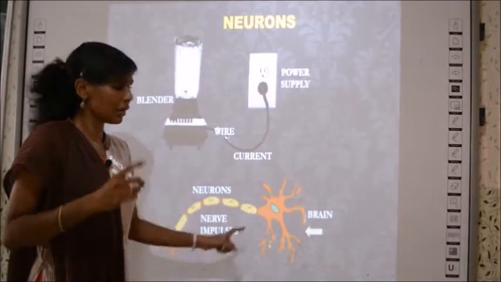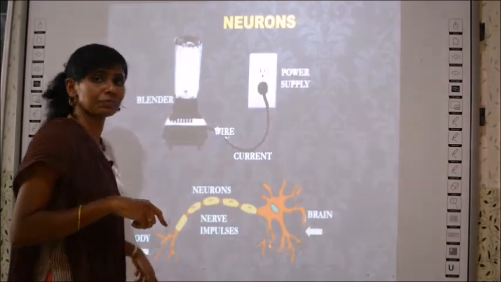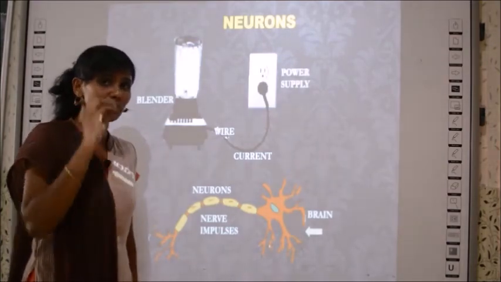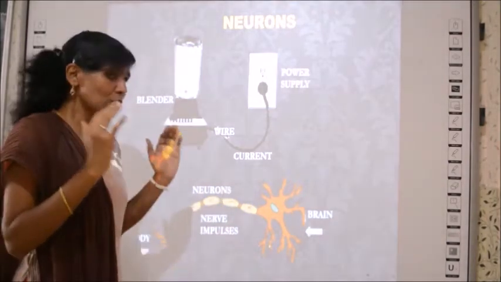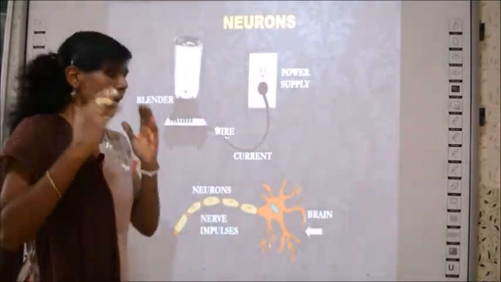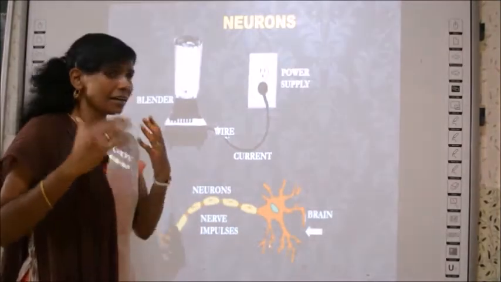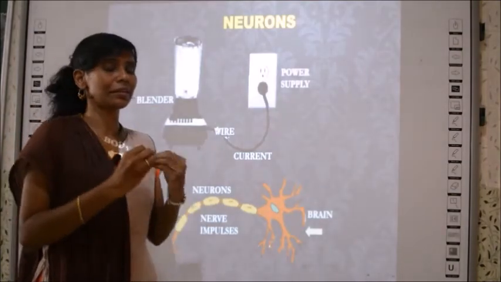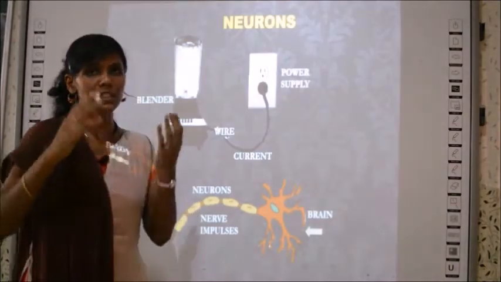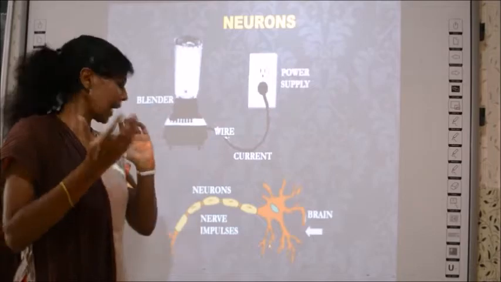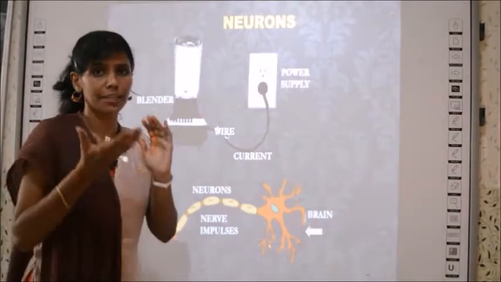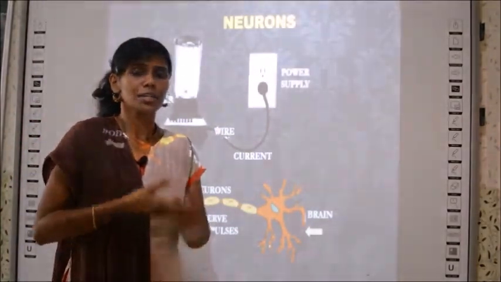From where to where? From the brain to the other body parts, because when your brain instructs, it will use the neuron like a wire, and the nerve impulses, the technical term, will pass through the neurons just like the current passes, and it will reach the body parts, and the body parts will react.